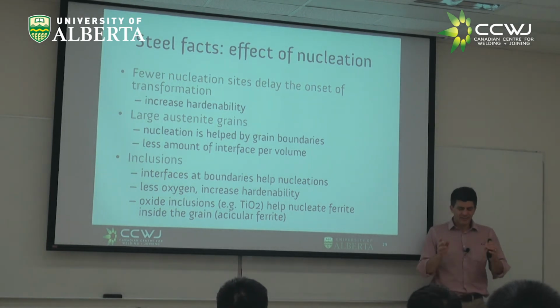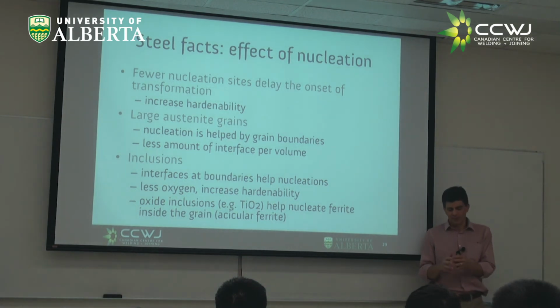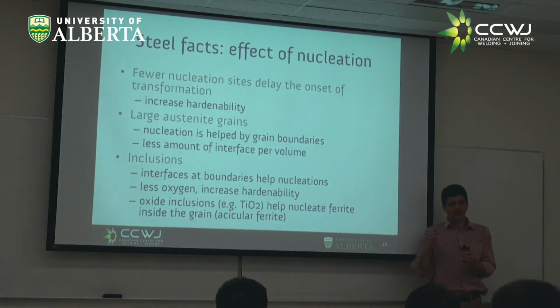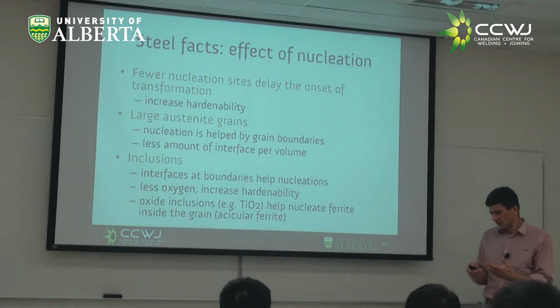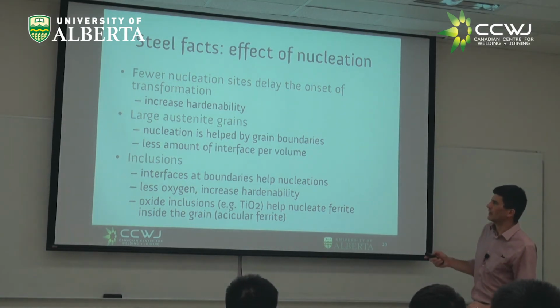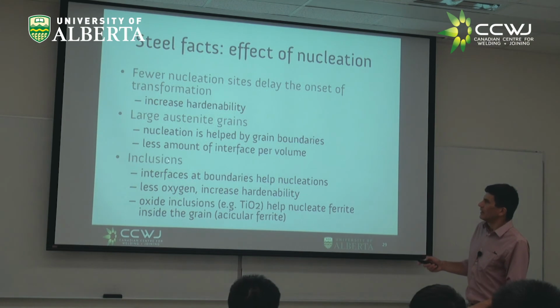So the exact same steel, if you overheat it for whatever reason and it ends up with huge austenite grain sizes, it's going to be a lot more hardenable than the parts with small austenite grains.